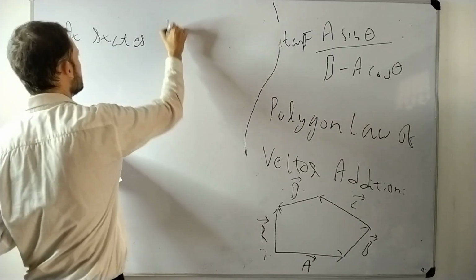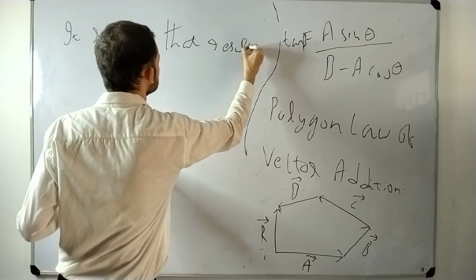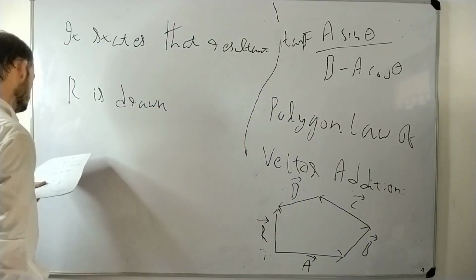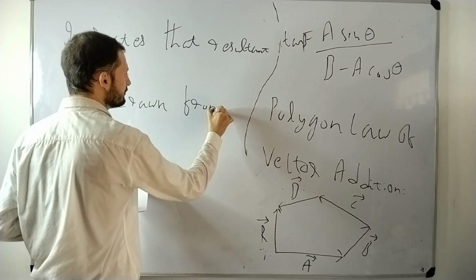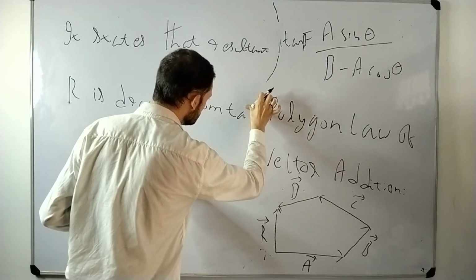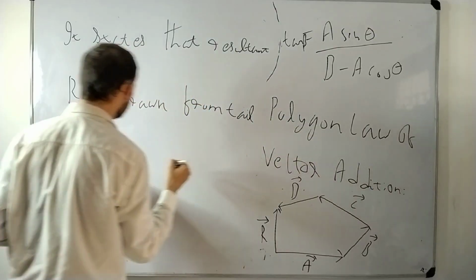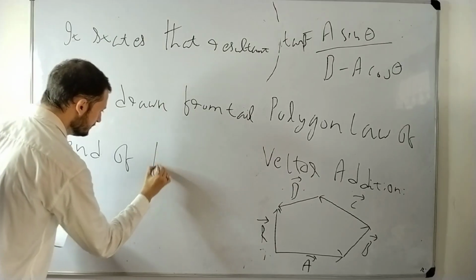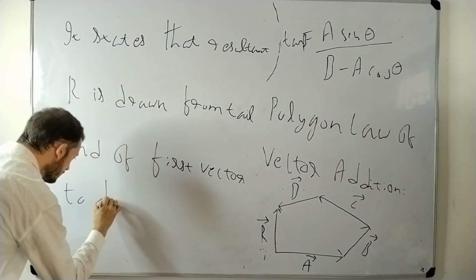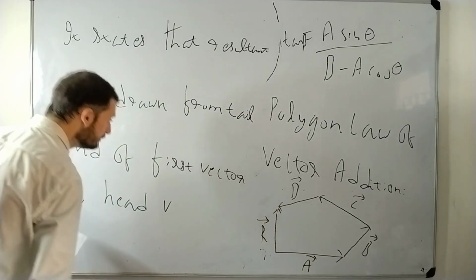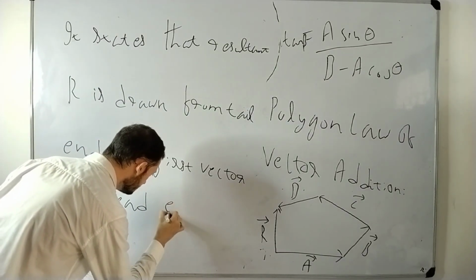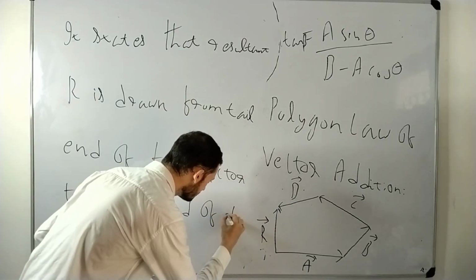It states that the resultant R is drawn from the tail end of the first vector to the head end of the last vector of the polygon.